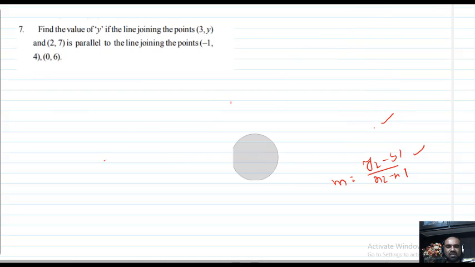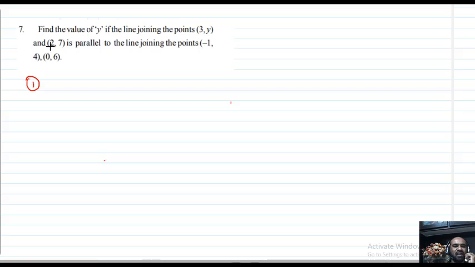Okay, here we have some problems. Today's first problem: find the value of y if the line joining the points 3 comma y and 2 comma 7 is parallel to the line joining the points minus 1 comma 4 and 0 comma 6. Two parallel lines are given here.